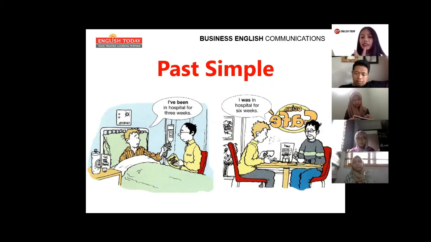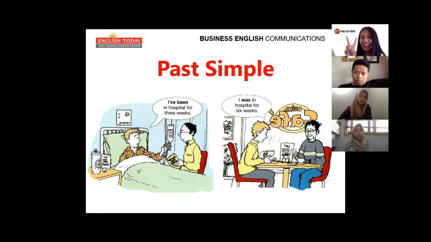Okay, now look at those two situations. Past simple is on the right. That means the one on the left, what do you call that tense? The sentence on the left, what do you call that? The other one, remember? Past continuous. Okay, so in the previous slide, I showed you two different names of tenses, yes?